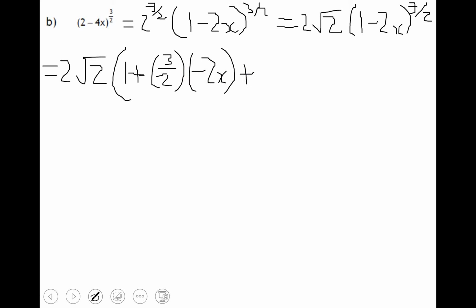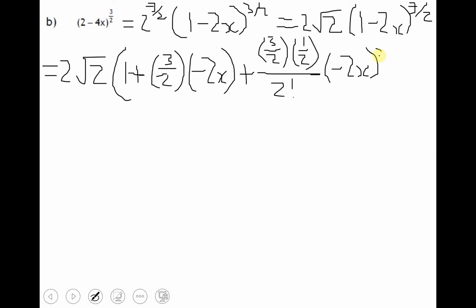And then n times n minus 1, so 3 over 2 times 1 less, which is a half, over 2 factorial, minus 2x all squared.